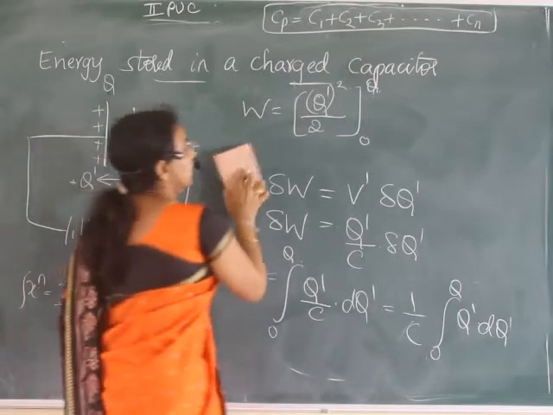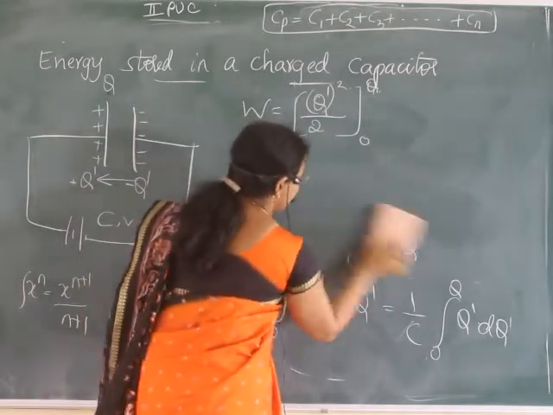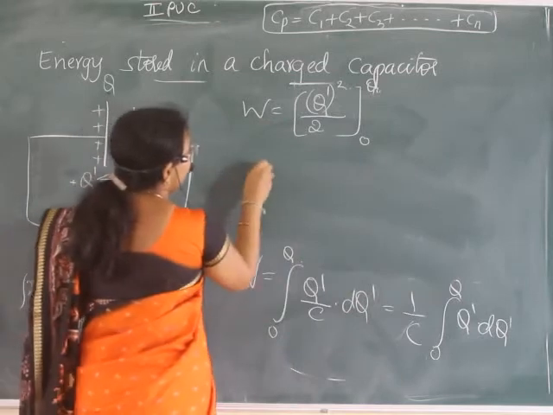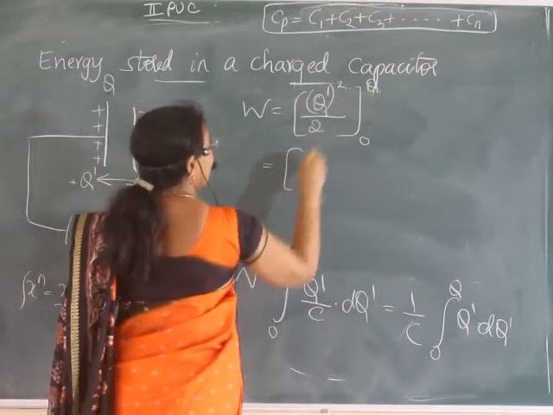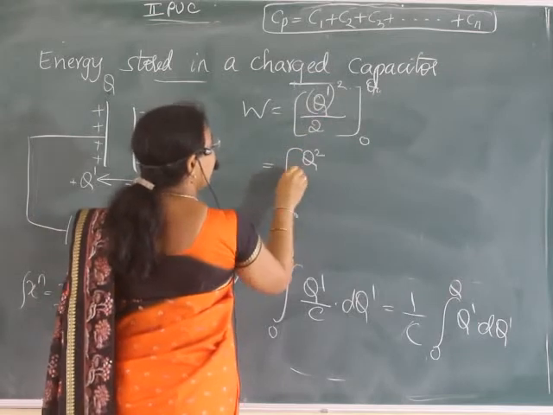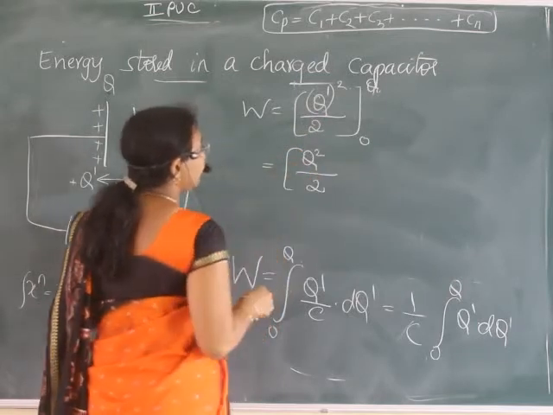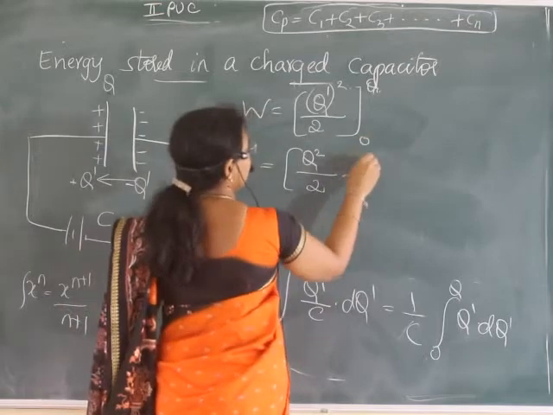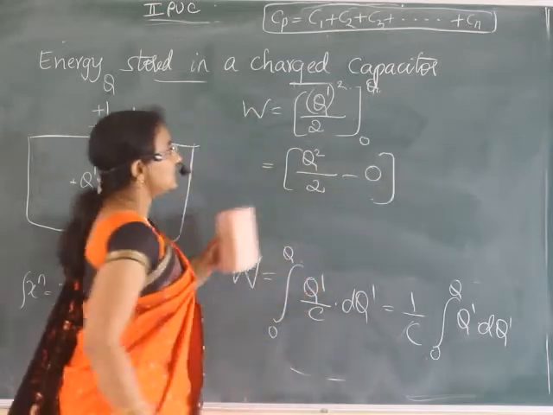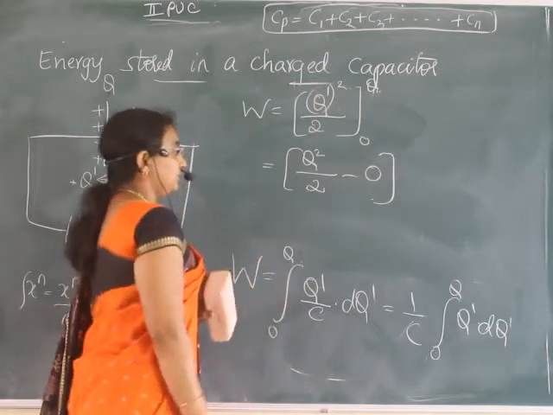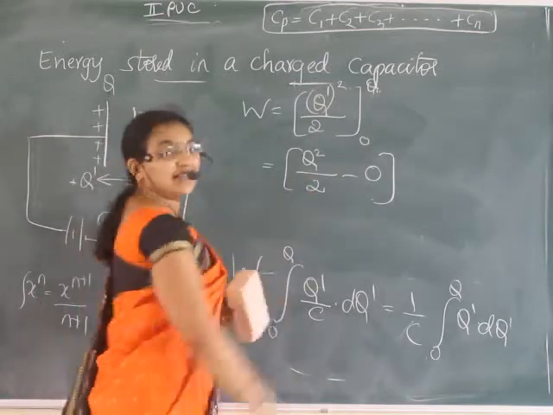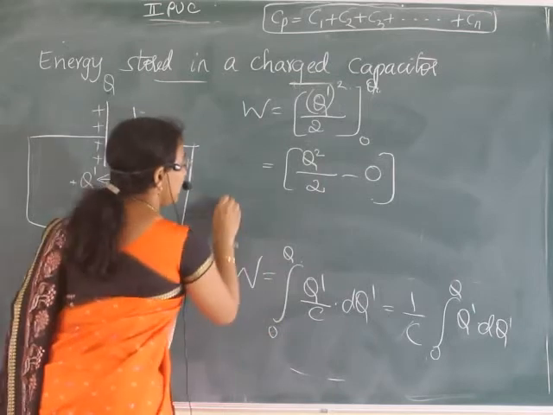Now, apply the limit. Upper limit minus lower limit. So, Q dash should be written as Q square divided by 2 minus 0, because 0 square is 0, and 0 by 2 is 0. So Q square by 2 minus 0 is Q square by 2.